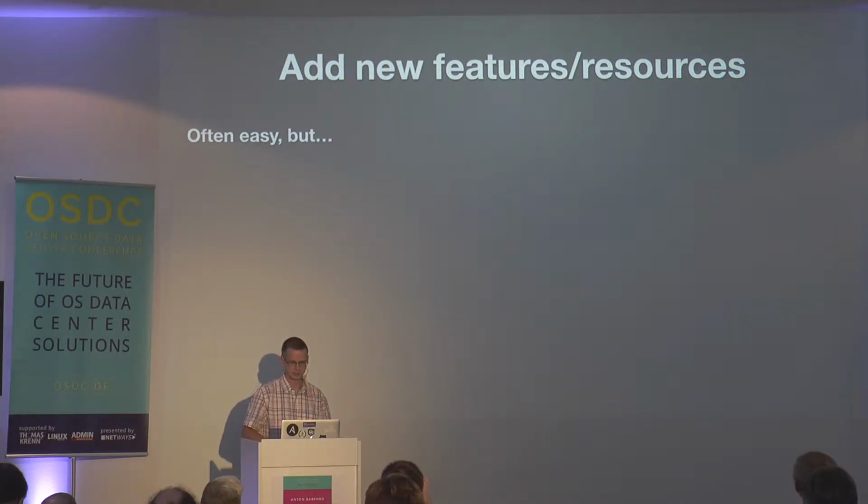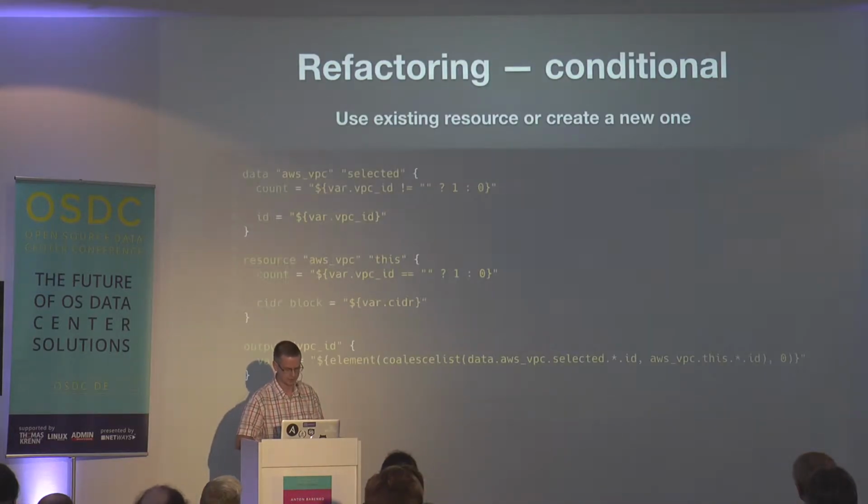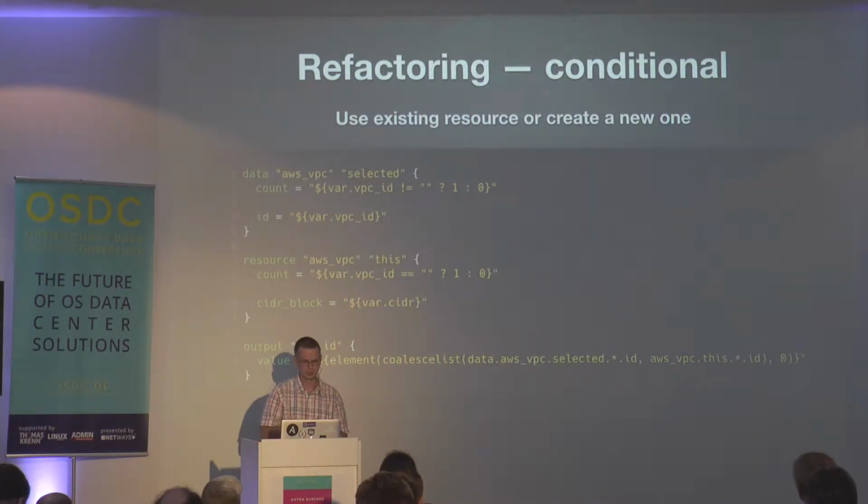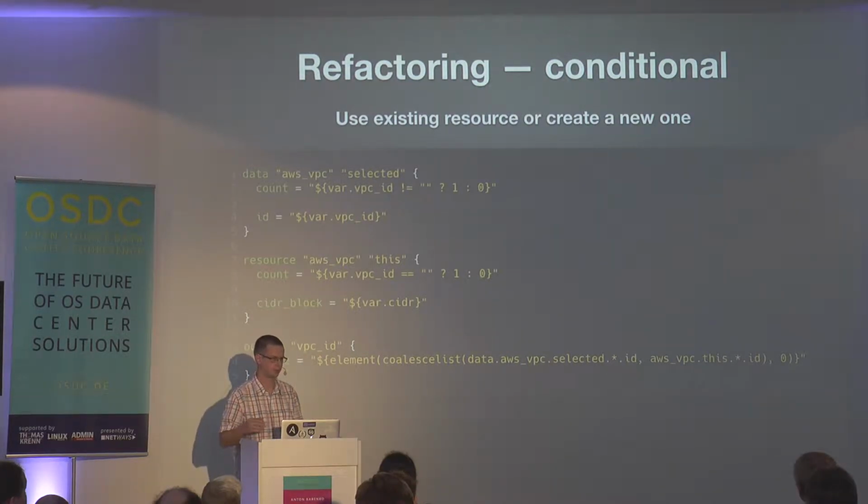So when we start with adding new features, it's often easier, and we think that that's how it should be, because what can go wrong? If we have already created a resource and we just specify a new parameter to this resource, of course it will just change it in place or recreate this resource, and it will just update it. Yeah, it's often like this. But in many cases, you have to have some sort of backward compatibility within the module.